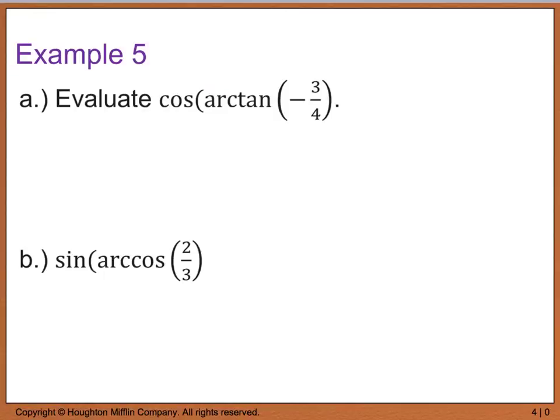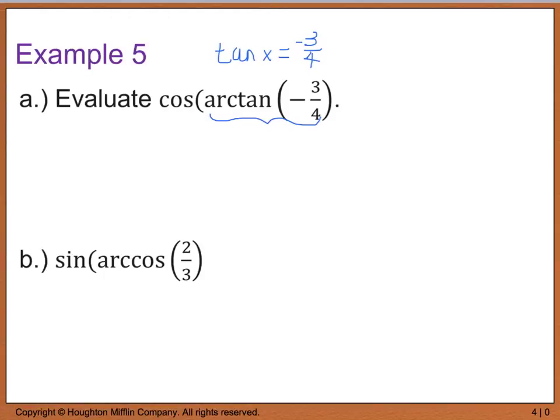And when I sketch my right triangle, I'm going to start out by using my inside function first. Now my inside function tells me that the tangent of x equals -3/4.